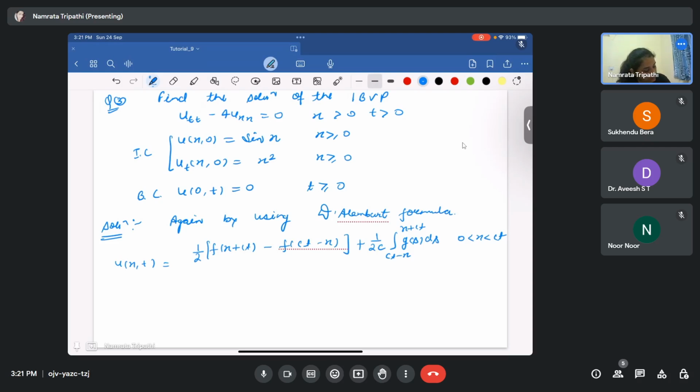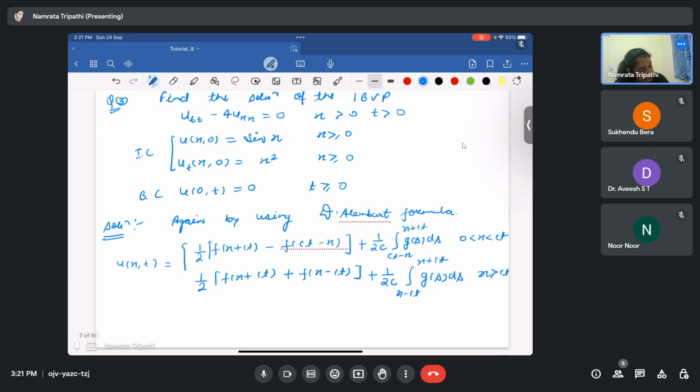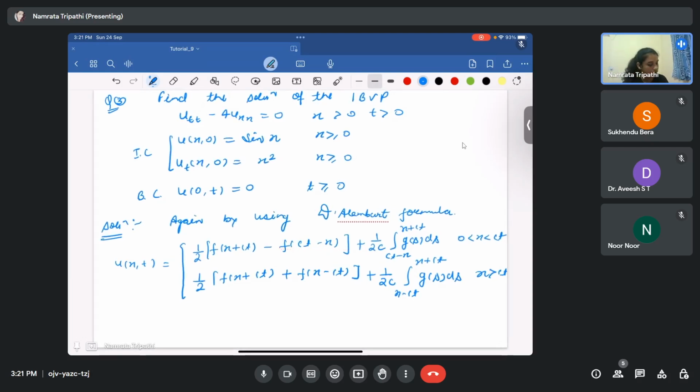And 1 by 2 [f of x plus ct plus f of x minus ct] plus 1 by 2c integral from x minus ct to x plus ct of g of s ds, where x is greater than ct. So this is the solution.